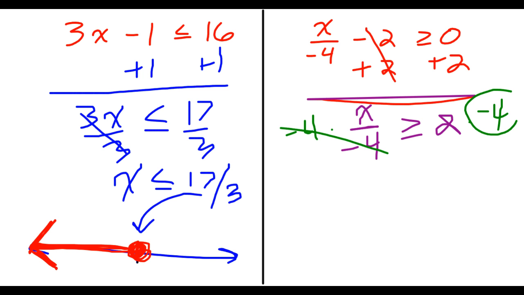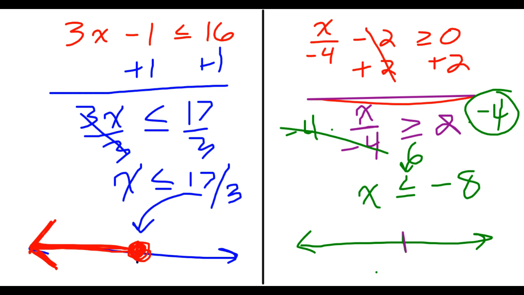Again, this is a multiplication by a negative number on both sides of the inequality. So the left side is x, the right side is negative 8, and the inequality flips because we are multiplying by a negative number. So x is less than or equal to negative 8, with negative 8 as our number in the middle. Closed circle because it is an or equal to, and then off to the left towards negative infinity for all the numbers that are less than negative 8.